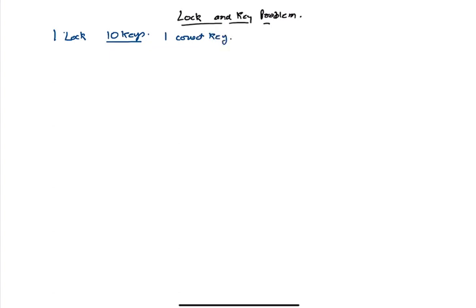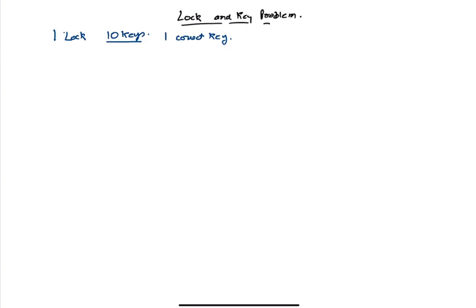So we try out each key and then we throw it away if it is not the correct key and try the next one. So I try at random. Every time I try one, I know it's the wrong key, so I throw it away.